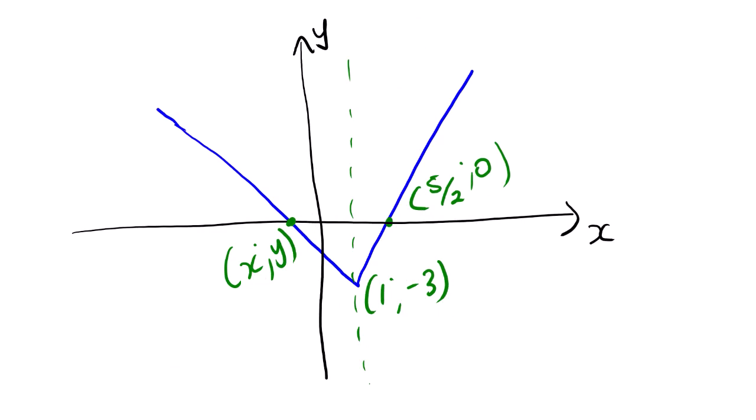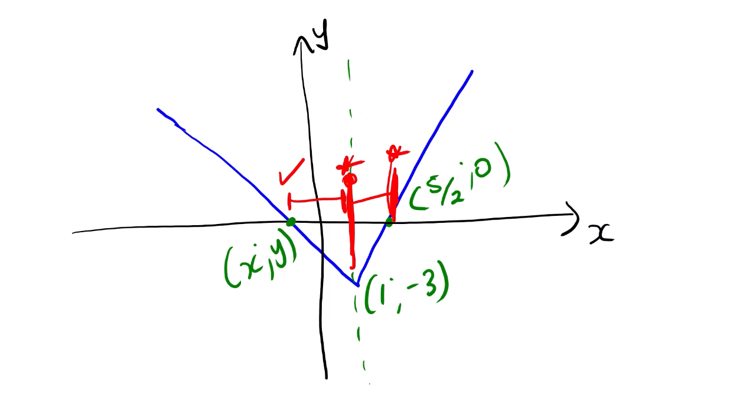Now, when you talk about symmetry, it simply means that the distance from here to here equals the distance from here to here. So we can take it that this is the midpoint, and then this will be one of the x coordinates, and then we are looking for this one.